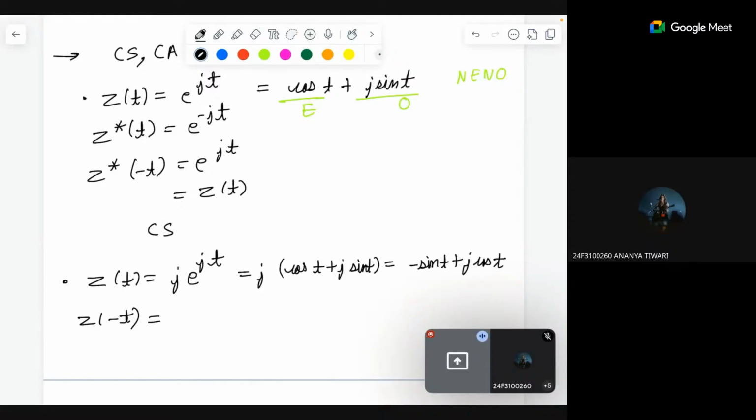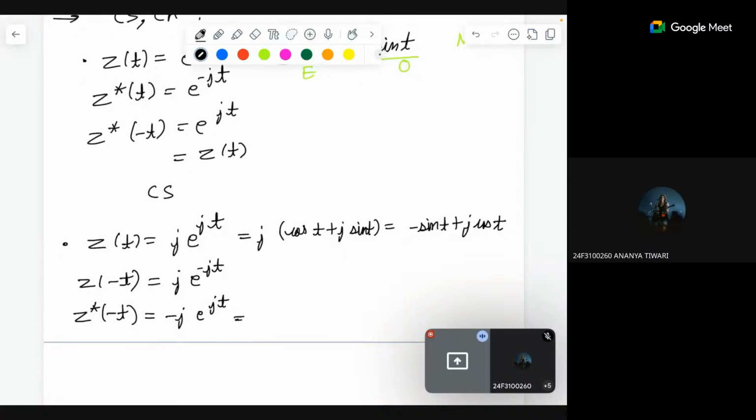z(t) is j into e raised to the power of jt. So let us this time do reversal first. So j e raised to the power of minus jt. Now let us take the conjugate. So when we take conjugate, j's will change into minus j. So this is what we will get.